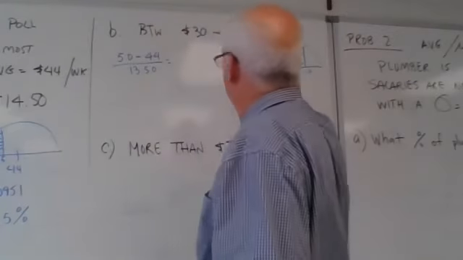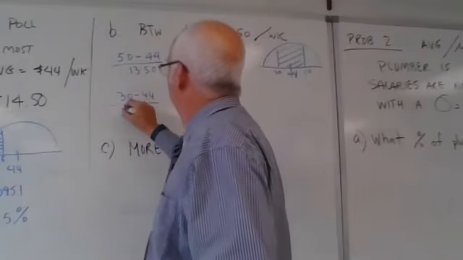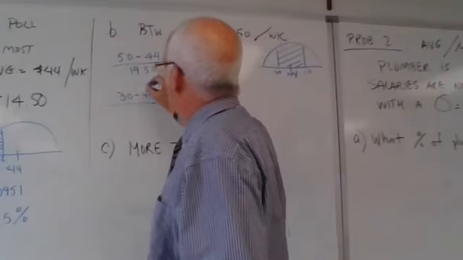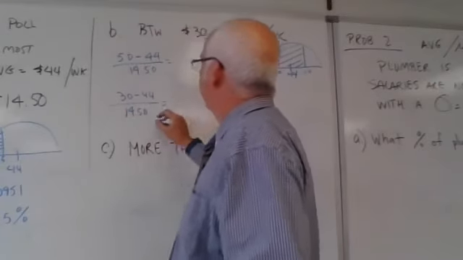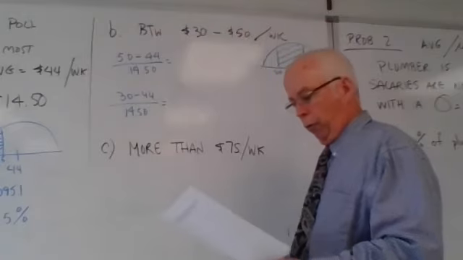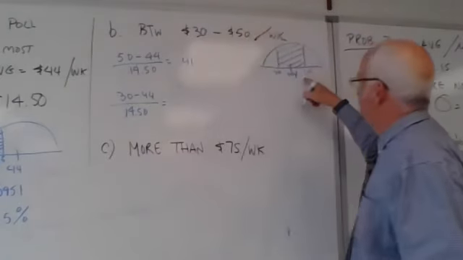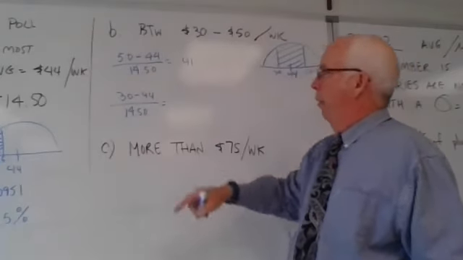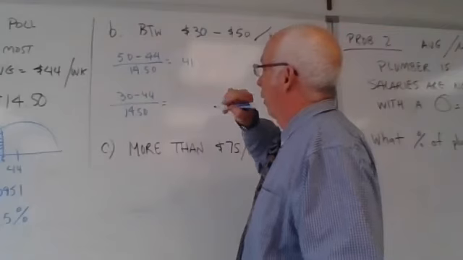And then for the left side, we're going to go 30 minus 44 over 14.50. Same on the bottom. So the 50 minus 44 is a 0.41. So we're about a half a standard deviation, which makes sense because it's a difference of 6 divided by 14.50, so it's about half. So we got a 0.41 for that.